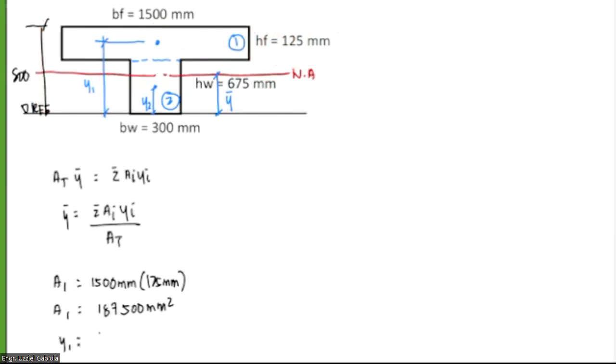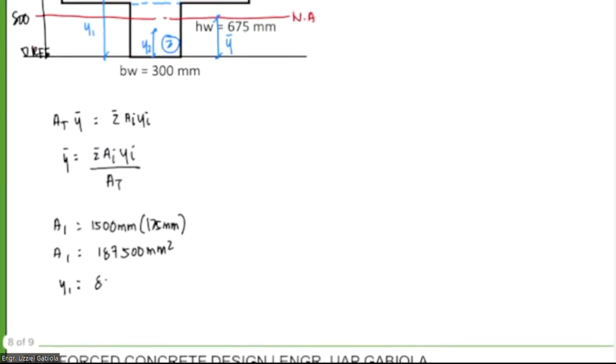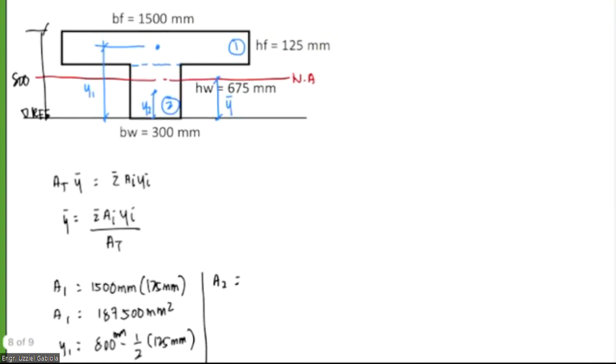So y1 is equal to 800 minus 125 over 2, which is 737.5 mm.